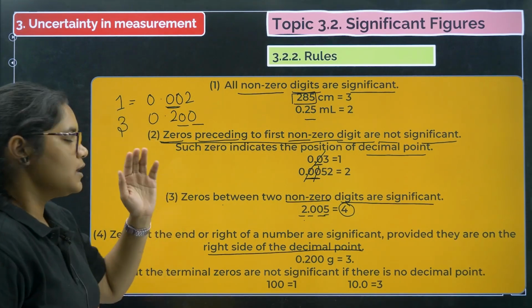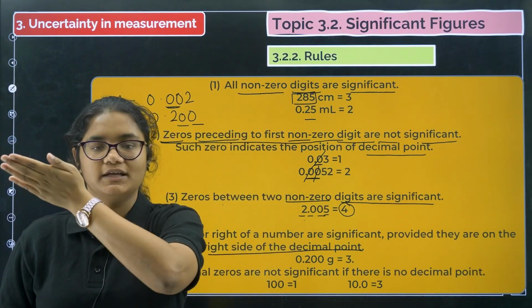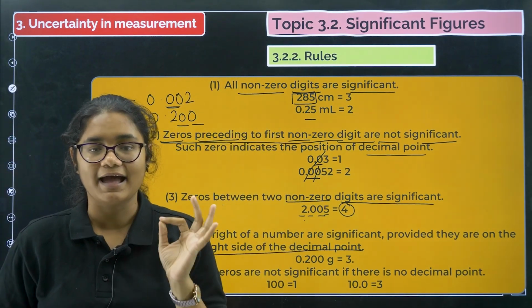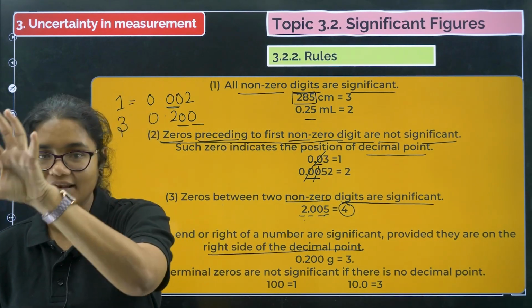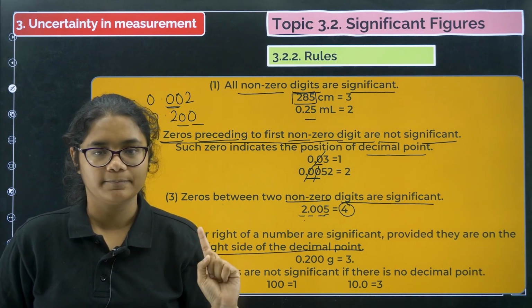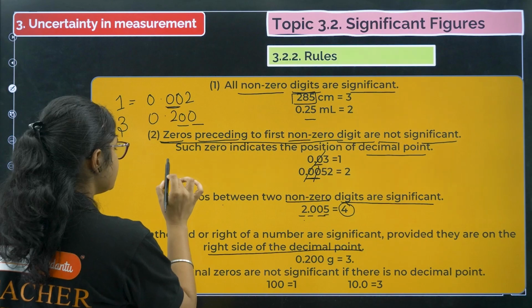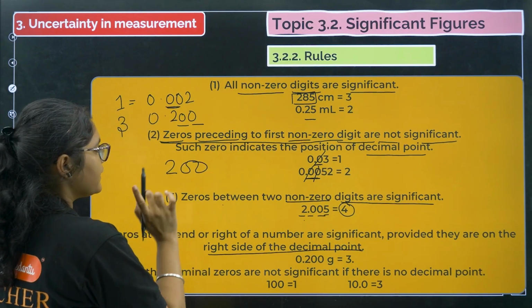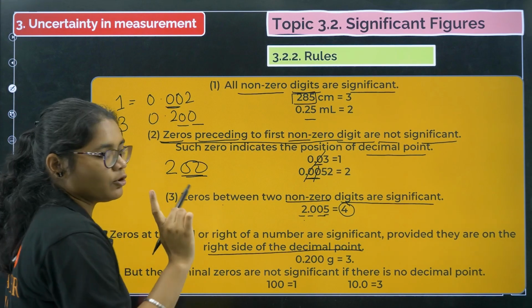Once again I am repeating: there is a decimal, there is a number, and after that zeros are there; those zeros will be counted as significant. If there is a decimal, then zeros, and then a number, those zeros before the number will not be counted. One more thing: if you just write a number and zeros with no decimal point, in that case also these zeros will not be counted.